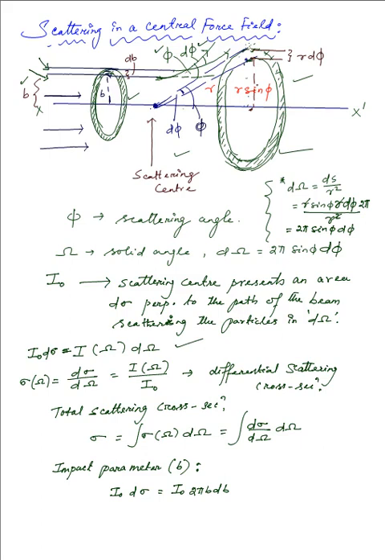So we get I of omega d omega to be equal to I naught 2 pi b db.